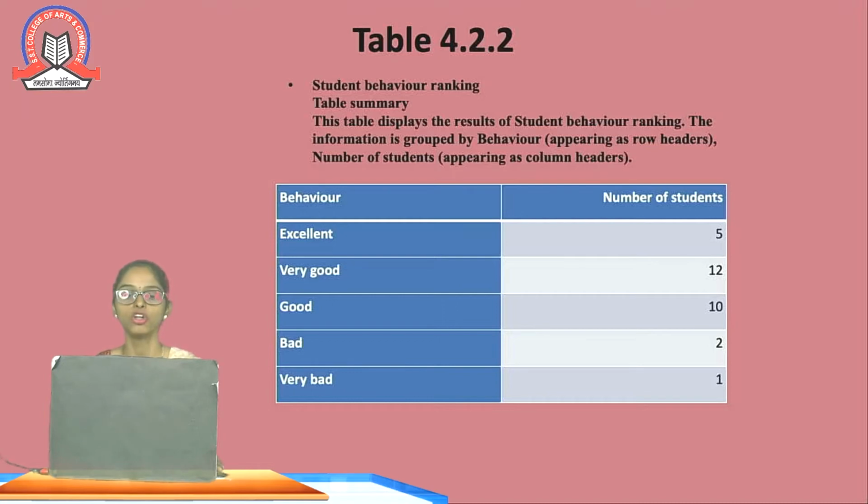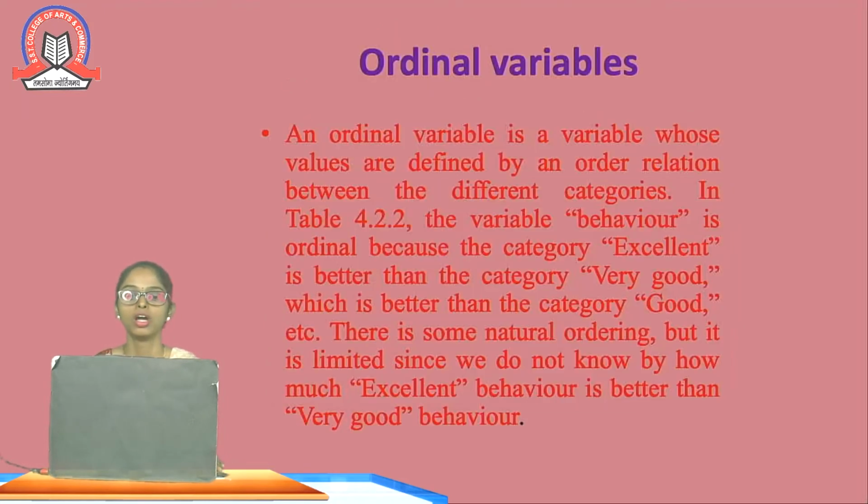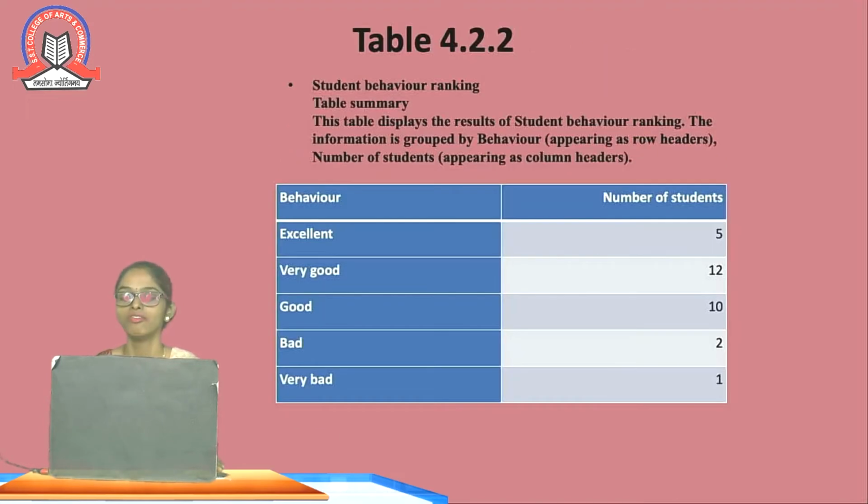In the behavior column, excellent, very good, good, bad and very bad behavior are given, and their respective numbers of students are also given. But we don't know how much better excellent behavior is than very good behavior. That's why this table belongs to ordinal variables.